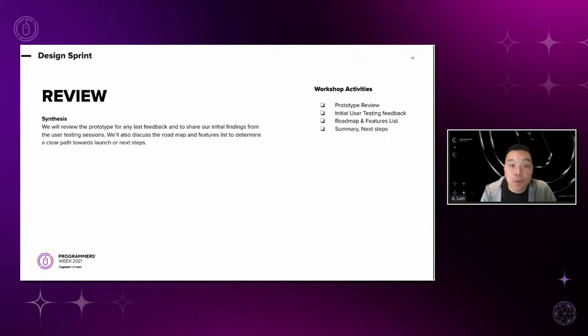So once we've collected all the feedback and digitalized the information from the workshops, we're going to want to review our findings with the client team. Did we receive positive feedback and our ideas were validated? Or did we miss the mark completely and we need to pivot?